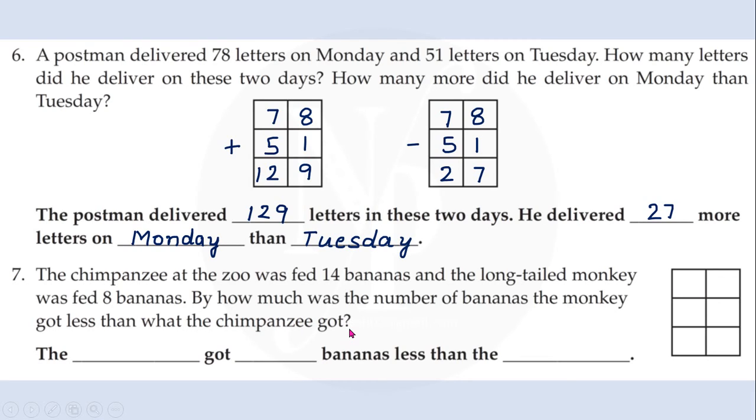So in a zoo, chimpanzees and monkeys were fed bananas. So the chimpanzee was given 14 bananas and 8 bananas were given to the long-tailed monkey. So now we have to find by how much was the number of bananas the monkey got less than what the chimpanzee got.